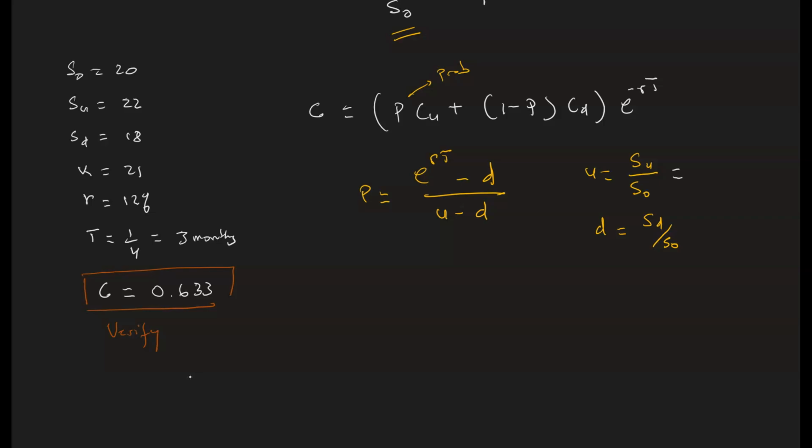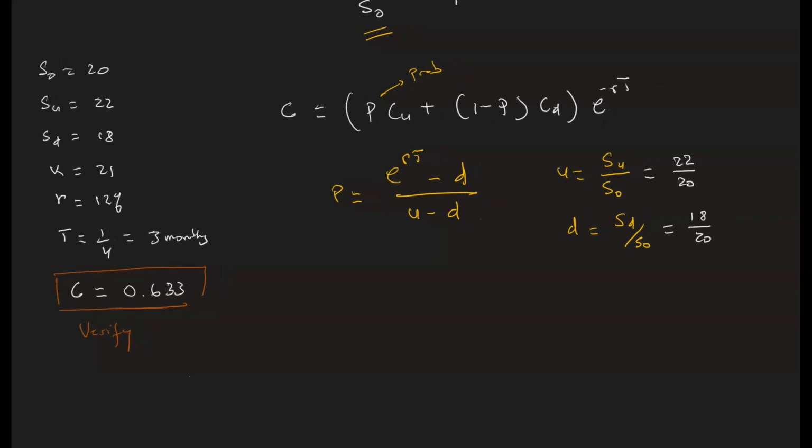So U is going to be equal to 22 divided by 20, and D is going to be equal to 18 divided by 20. So what do we have?